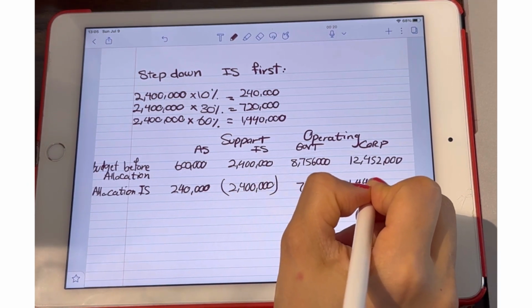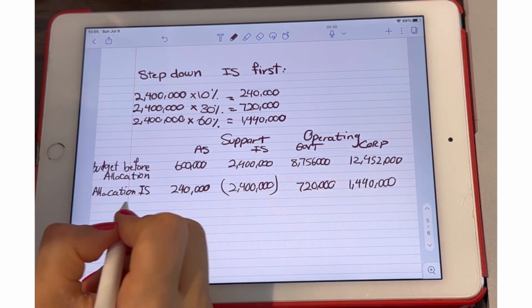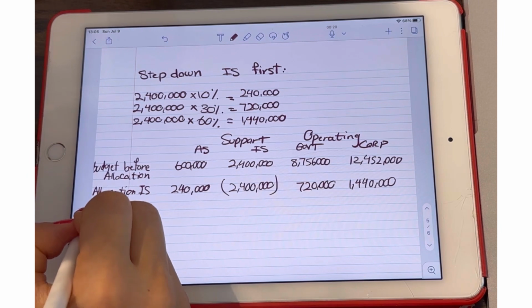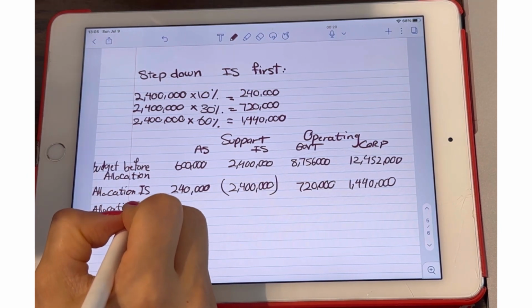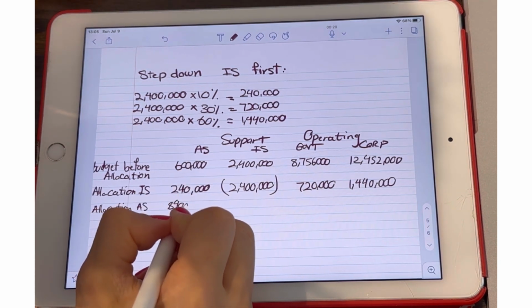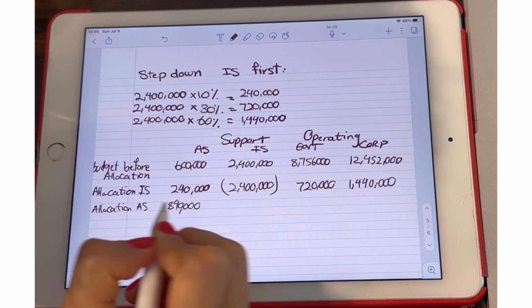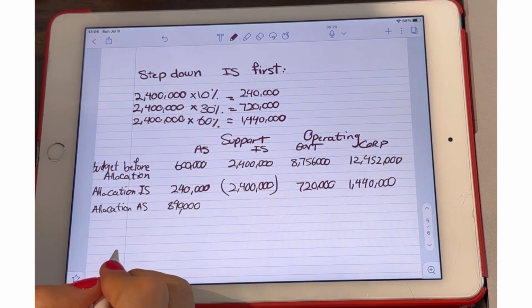And as you could guess, now we need to add $600,000 and $240,000, add them up together, and then allocate to the other departments, because we should have $0 in here.